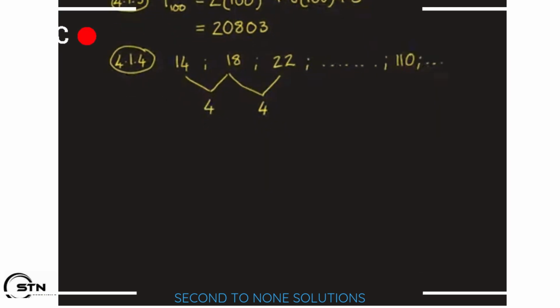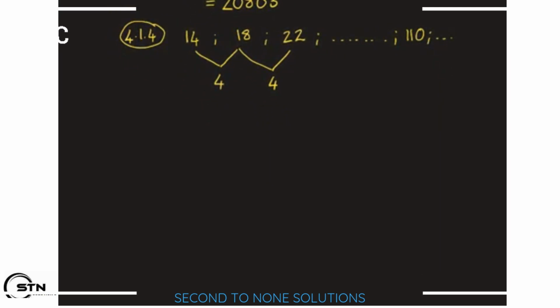This is a linear pattern, and I know that because it's always going to increase by the same amount. Our a value is our first term, and our d value is the difference, which is 4. So a is going to be 14, plus n minus 1 times d, which is 4.